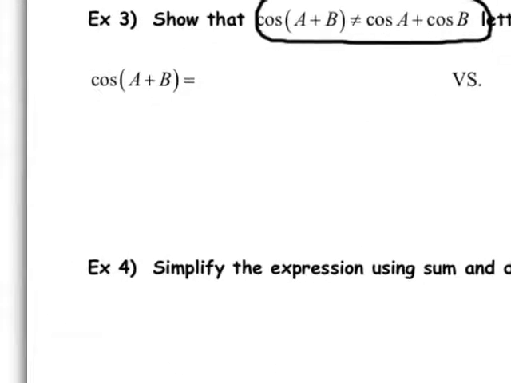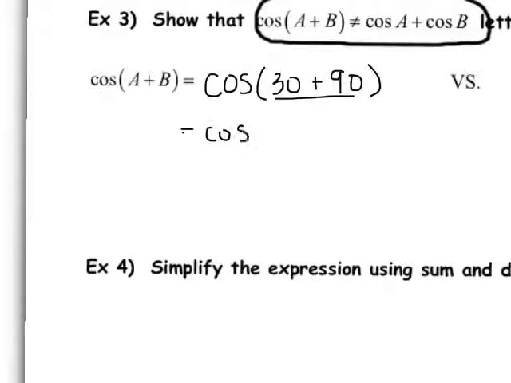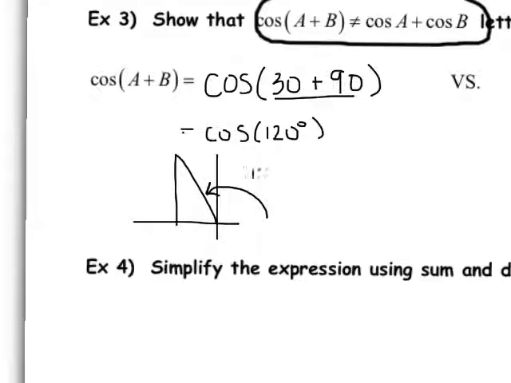So cosine of A plus B, and A is 30 and B is 90. So cosine of 30 plus 90, well 30 plus 90 is 120. And we know how to evaluate cosine of 120 degrees. This is 120 degrees, but that means that my reference angle is 60.